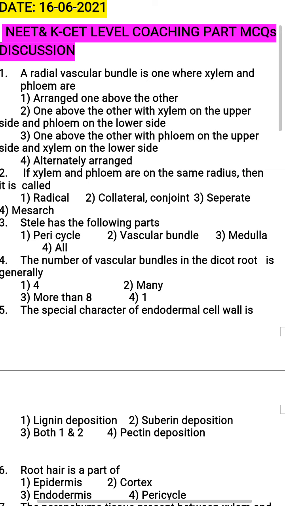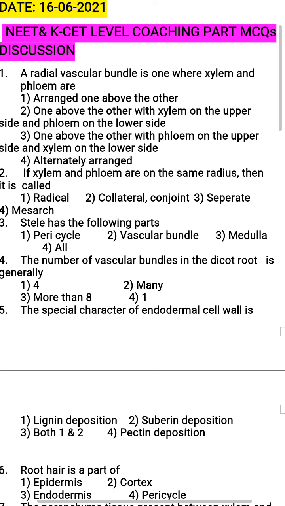Here one important phenomenon can be noticed. The tangential as well as radial walls of the endodermal cells have a deposition of water impermeable waxy material suberin in the form of Casparian strips. Then one more connecting point to be discussed here.